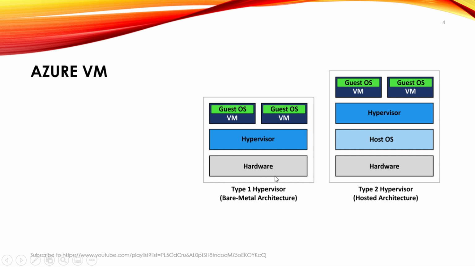One is where you utilize the hardware, and then you have the hypervisor layer on that, and on top of it you have the guest operating system. The other one is the hosted architecture, where you have the hardware, you have the host operating system, and on top of that you have the hypervisor, and then on top of that you have all your virtual machines or the guest operating systems sitting on the hypervisor.